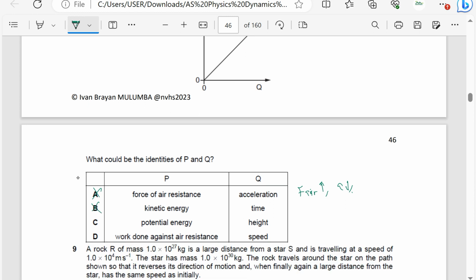Remember, it is a straight line, which means kinetic energy is directly proportional to time, which means the velocity squared should be directly proportional to time. But when acceleration becomes 0, V is constant.